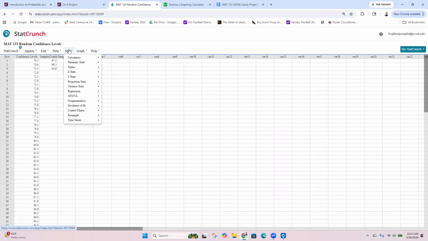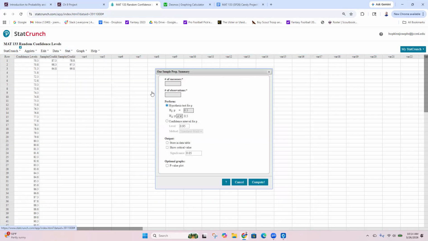I did Stat, summary stats. Oh, no, not summary stats. Shoot. Stat, Proportion Stats, One Sample with Summary. I put in my X, how many blues I had. I put in my N, which is how many M&Ms total I had.